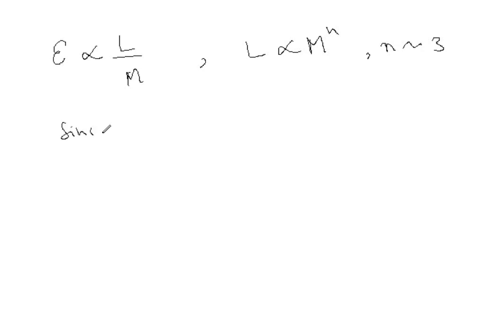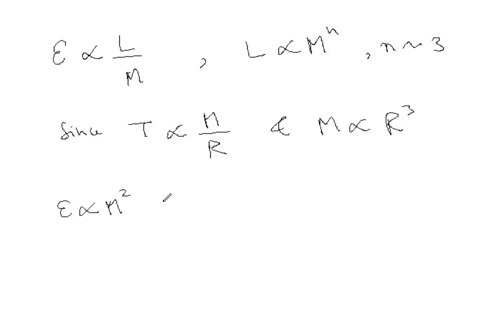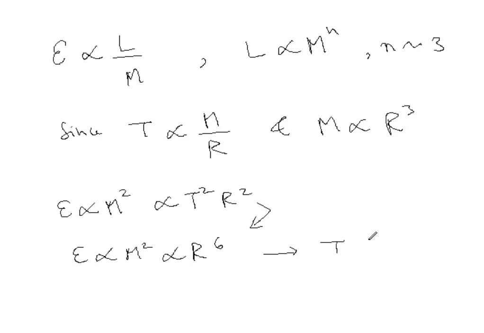Fine. Since T is proportional to M by R and M is proportional to R cube density, this means epsilon is proportional to M square, which is proportional to R to the power 6. So T is proportional to R square, and thus epsilon is proportional to T cube.